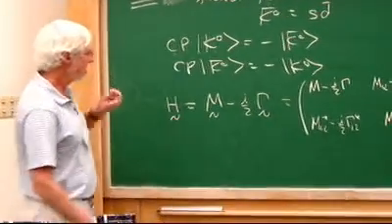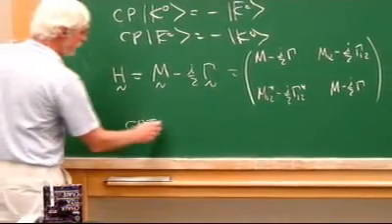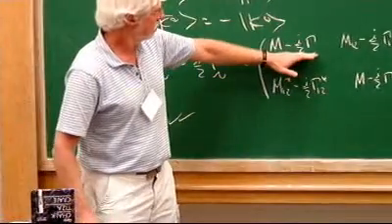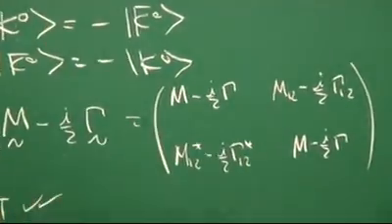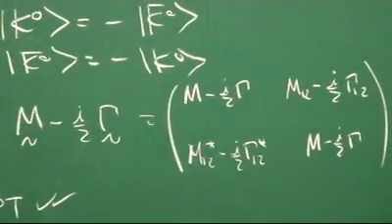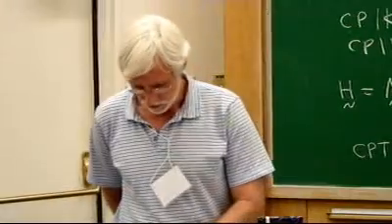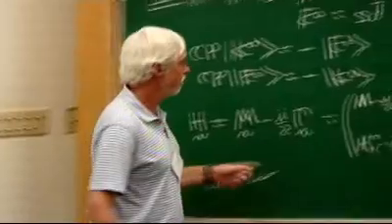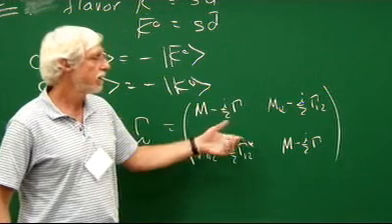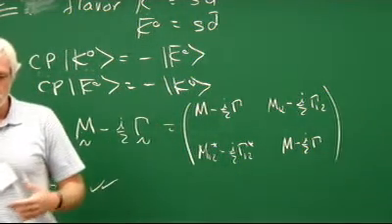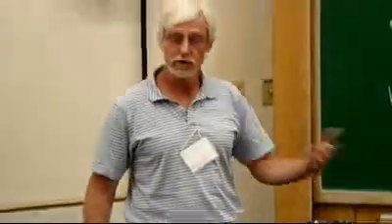What's happened here is that I introduced the assumption that CPT is a good symmetry, and you should check this, CPT forces the diagonal terms to be equal to each other. The other off-diagonal terms are just related by the fact that the matrices M and gamma are Hermitian. If you want to give up CPT, you relax that condition, and in fact the kind of study that we're going to perform can be generalized, so you can study possible violations of CPT invariance, and there are papers that deal with these and compare with experiments.